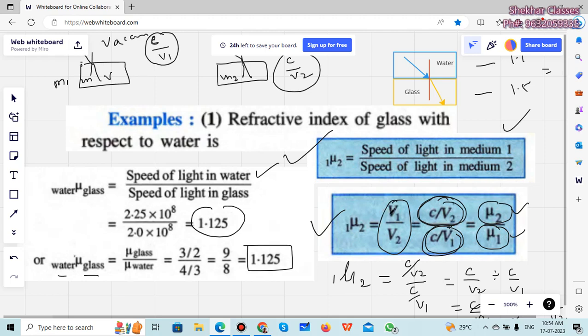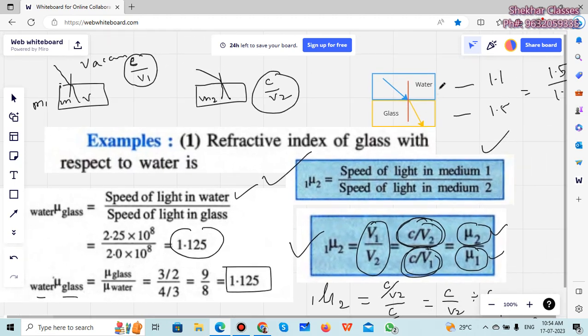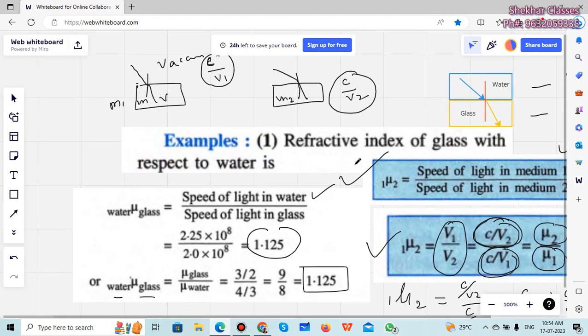Basically, this is the refractive index of two different media, where medium 1 may be water, second may be glass, or something else, but they are two different media. It's not from vacuum. Remember, the absolute refractive index is always from vacuum, or sometimes air, because air and vacuum do not have a lot of difference.